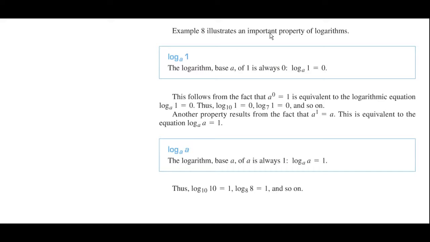Just some thoughts to think about: the logarithm base a of 1 is always going to be a 0, because the exponent 0, whatever form the base is in, would be 1. And that's what we just saw an example of.